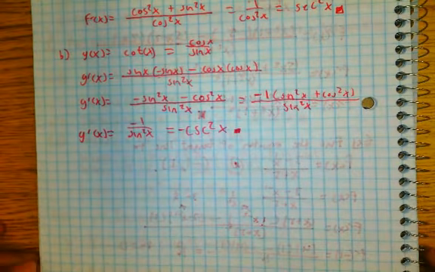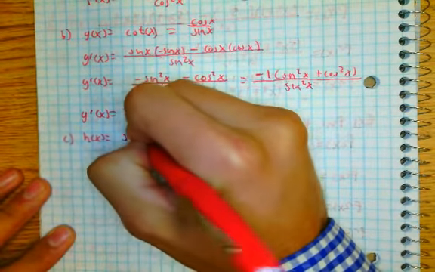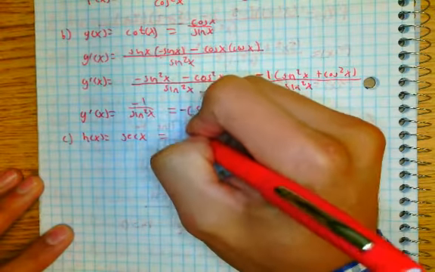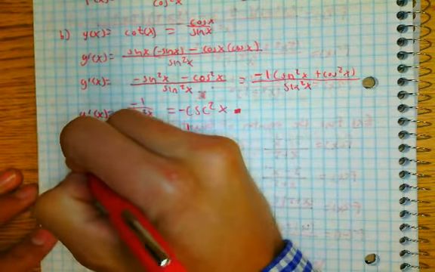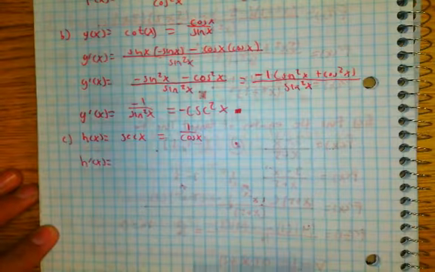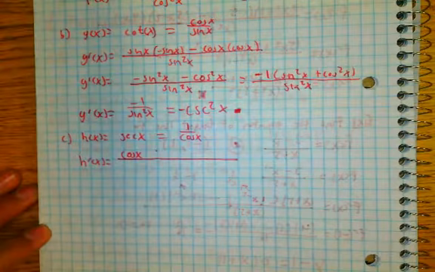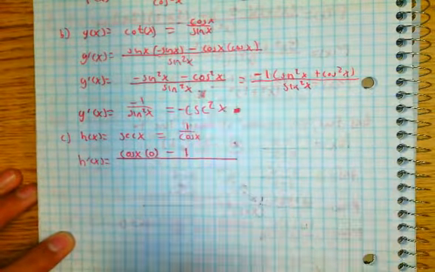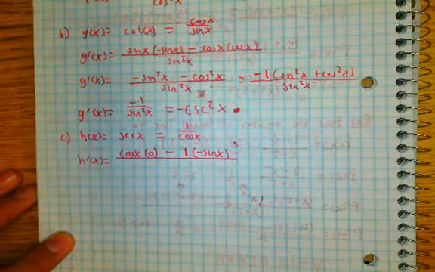So when I take the derivative of this, it's going to be cosine of x times the derivative of 1, which is 0, minus 1 times the derivative of cosine, which is negative sine, all over cosine square x. Simplify this out. H prime of x becomes sine of x over cosine square of x.